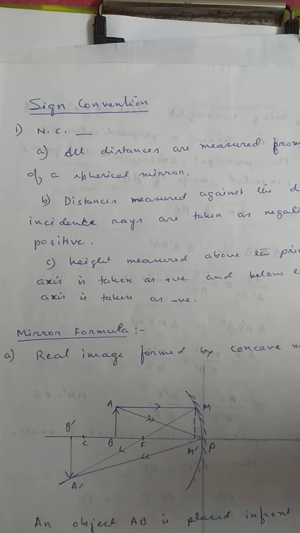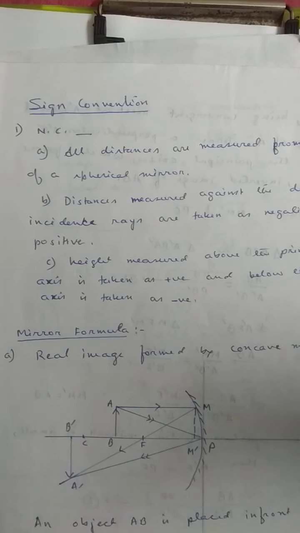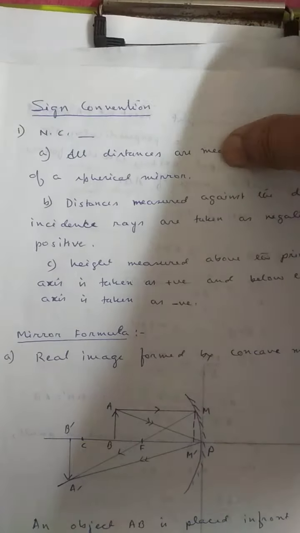All distances measured perpendicularly upward from the principal axis are taken as positive, and all distances measured below the principal axis are taken as negative.